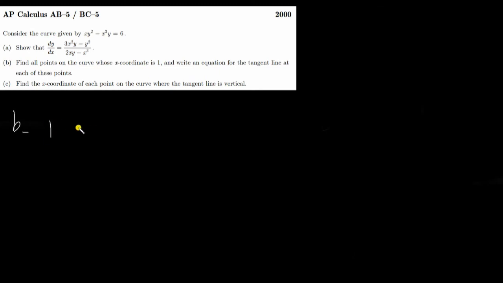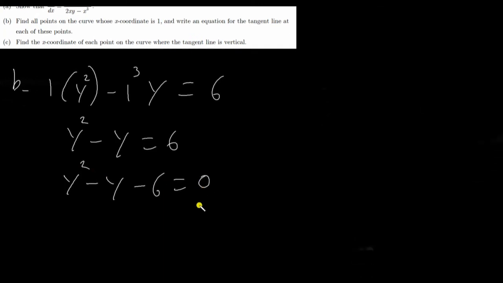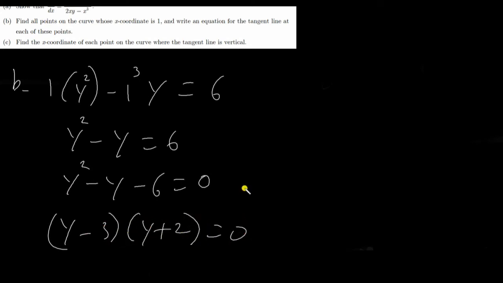So we'll plug in 1 into this equation. In that case, we'll get 1 times y squared minus 1 cubed times y equals 6. So we'll get y squared minus y equals 6, or y squared minus y minus 6 equals 0. And then this will get us (y minus 3)(y plus 2) equaling 0.